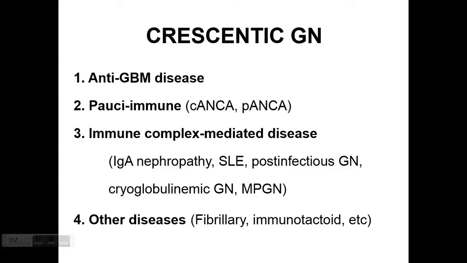Unfortunately, it's not very common. But pauci-immune or ANCA-related crescentic GN is very common. Don't forget that there are all sorts of other kidney diseases, mostly immune complex mediated, but also others that can present with crescentic GN. Thank you very much for watching.